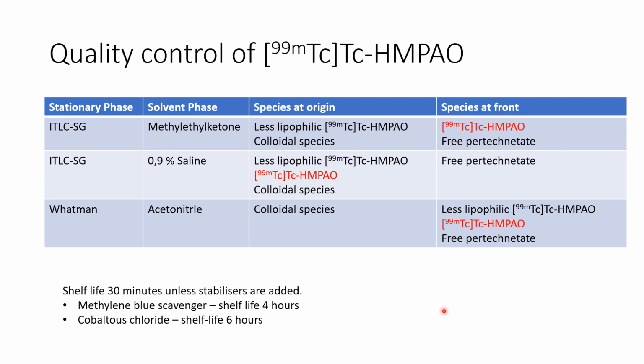So there are 4 radioactive species that you can expect in your technetium HMPAO kit: the colloidal species, the free pertechnetate, the less lipophilic technetium HMPAO, and then the primary lipophilic technetium HMPAO. And based on this method, you can subtract and then finally figure out how much of your primary HMPAO is in your mixture.